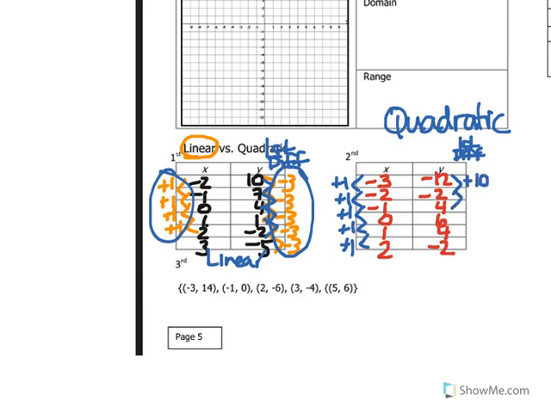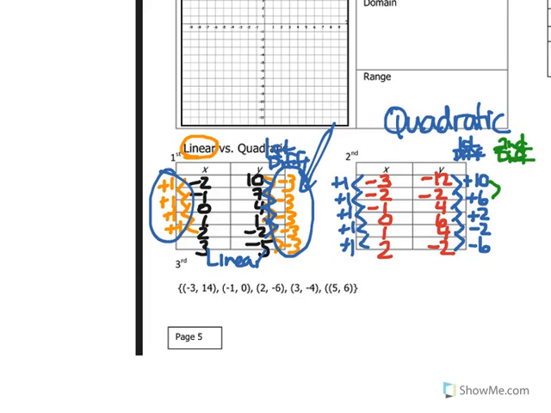And from negative 2 to 4, we went up plus 6. 4 to 6, we went up plus 2. And now we're going down 2. And now we're going down 6. From positive 4 down to negative 2 is negative 6. So obviously this is not linear, because if it was linear, it would have this kind of a pattern where they would all be the same. Now what I would like you to do now is look at the second difference.